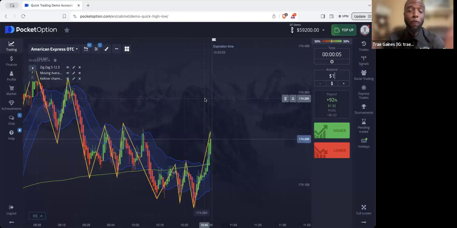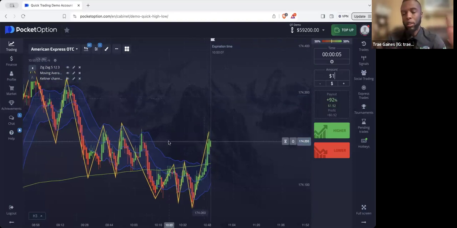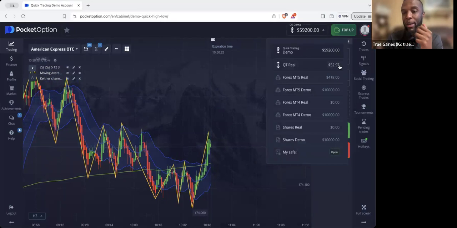Even on your phone, perfect your demo when you start on your phone. Even if you got the computer mastered, start the demo on your phone just so you can get your hands hitting the right button correct and stuff like that. So we don't mess with the money that we're actually making.